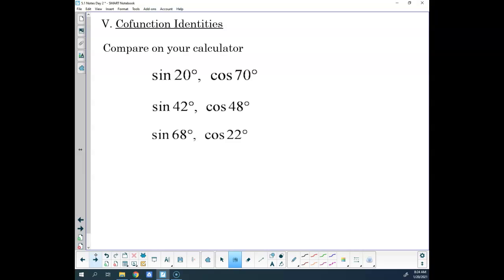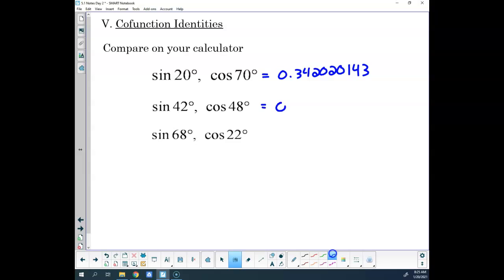Everybody got it? They both should be the same. I'll read mine off and you tell me if I'm right: 0.342, 0.20143. That's what I got for the cosine of 70. You give me the sine of 42, I'll give you the cosine of 48 degrees.